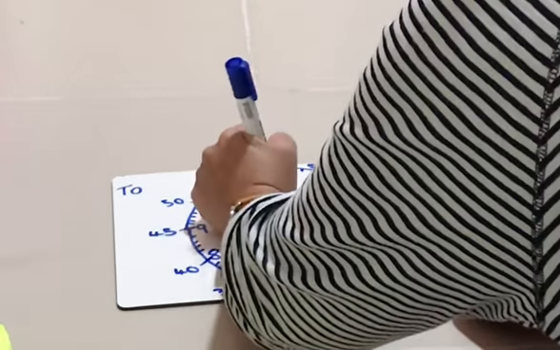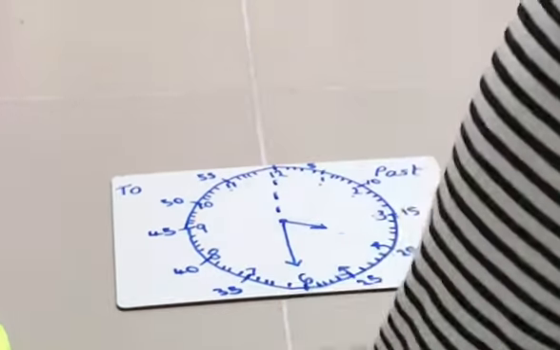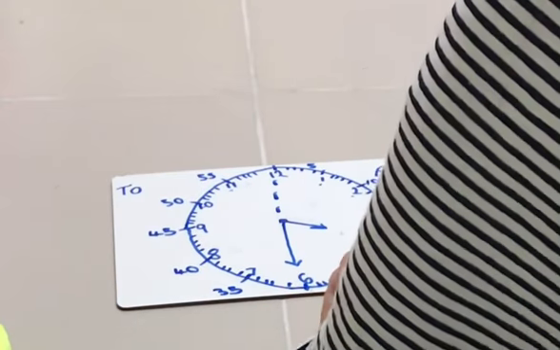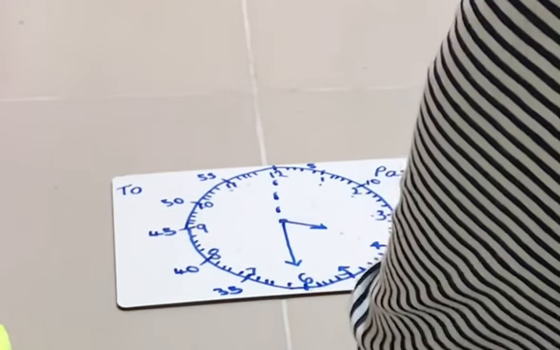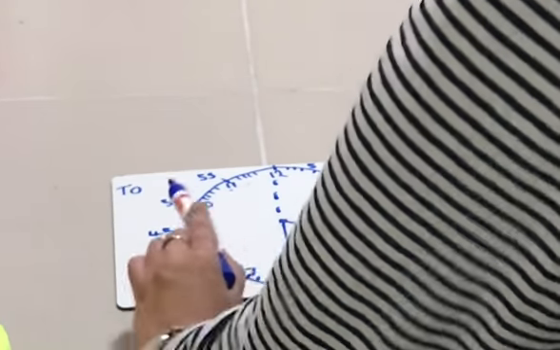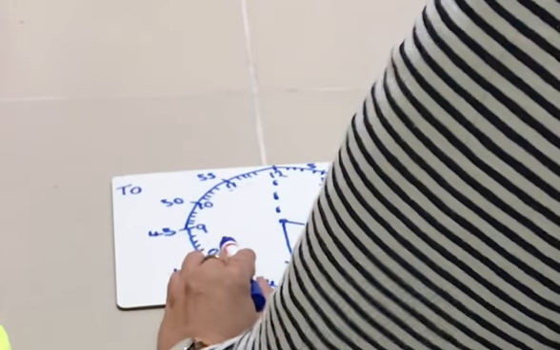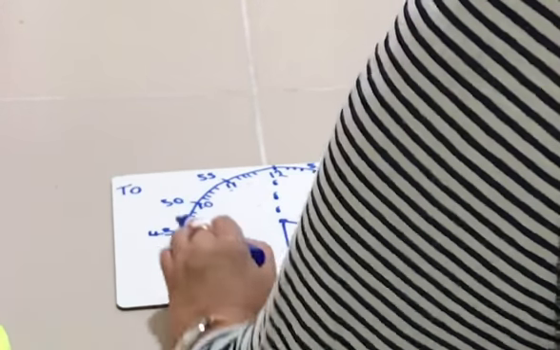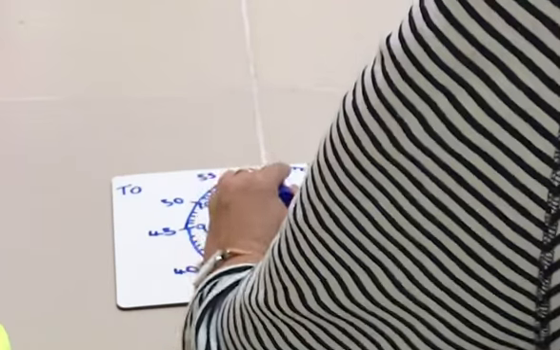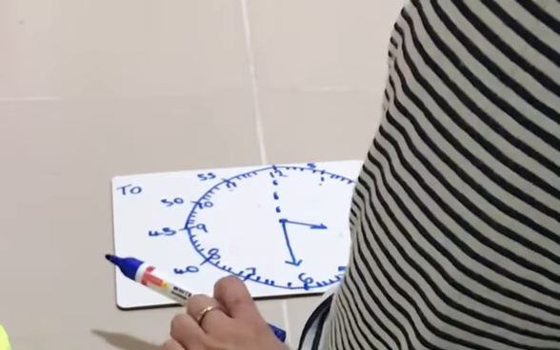Okay? On this section of the clock, it's past the hour. And if it's on this section, the second half, it's going round, you're going to say to the next hour.